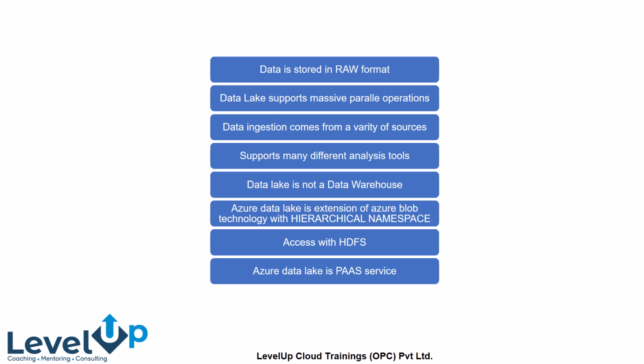It can be a CRM, a SQL database, applications, or flat files. Data lake supports different analysis tools, like you can connect with Power BI or any other analysis tools.